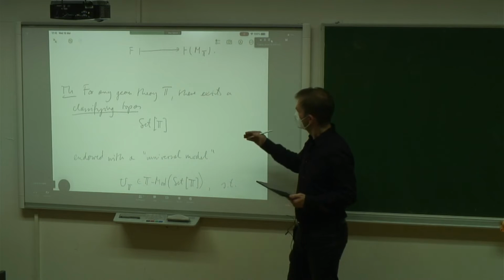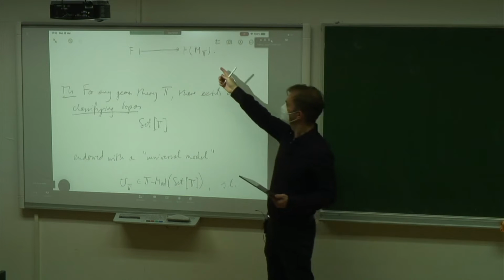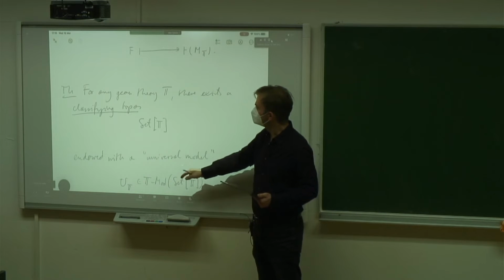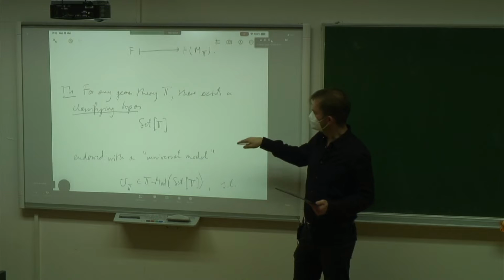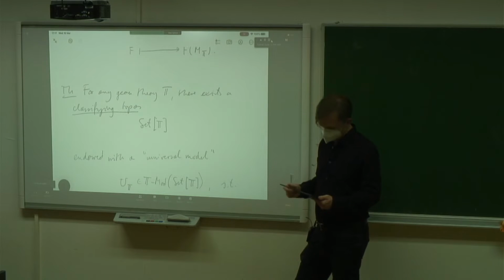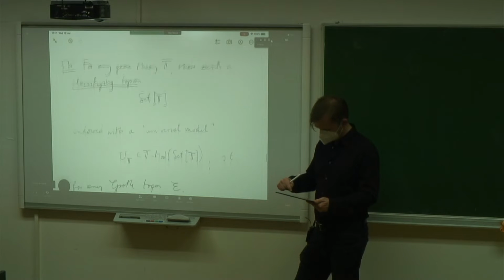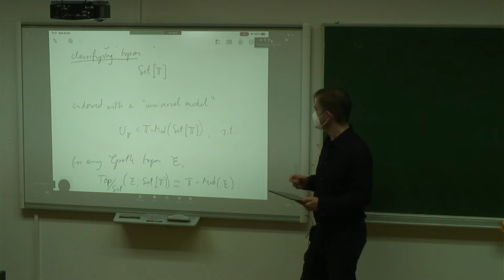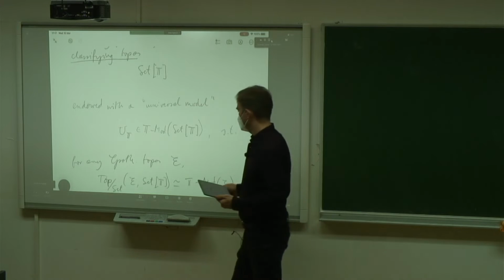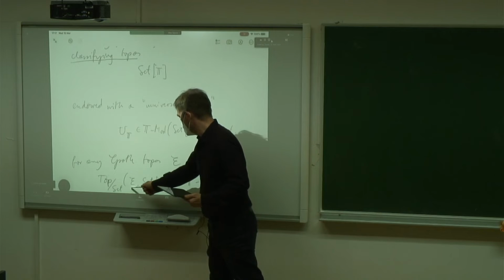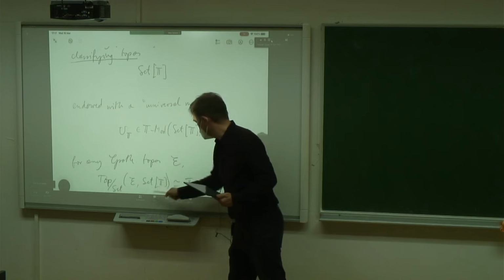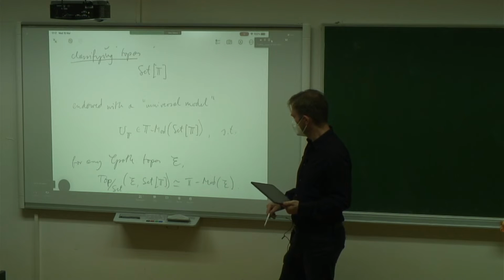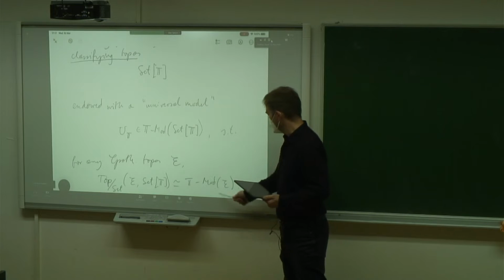This is different from the generic model, because the generic model is in the syntactic category and the universal model is a model of the theory in the classifying topos, such that for any Grothendieck topos E, the category of topos morphisms from E into the classifying topos is equivalent to the category of T models inside E.